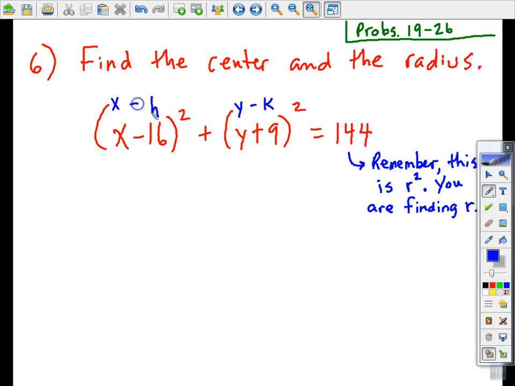Okay, that's our standard form. Well, if we need the center, remember the center is represented by the variables h and k. Well, it looks like h in this particular equation is the number 16.